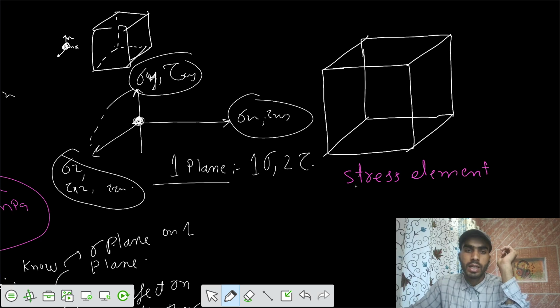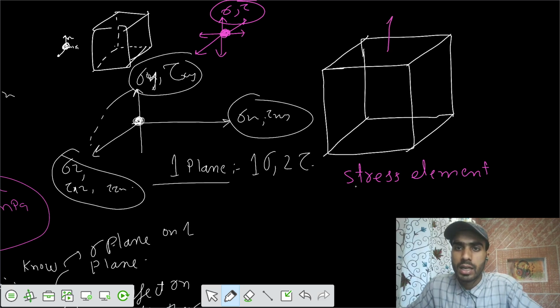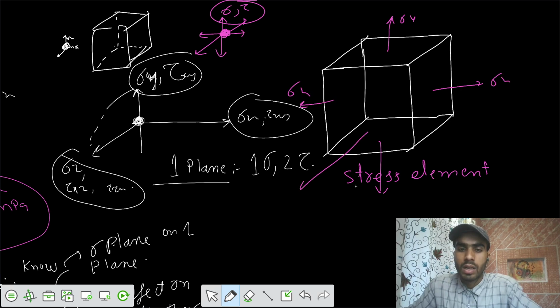It shows that the particular point is acted upon by some stresses along different directions, some sigma and tau. So if I represent that, there is some sigma y, and this is sigma x. Along the outside plane, that's sigma z, and there is some shear stress associated with those planes.